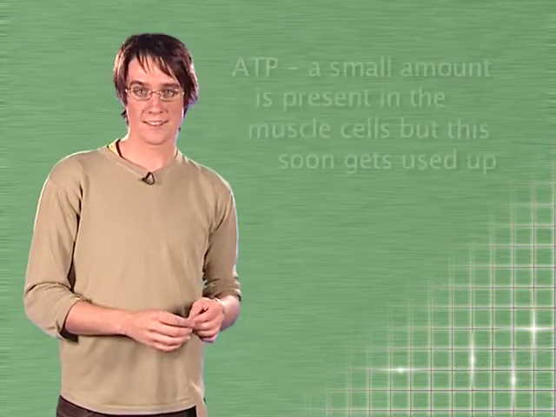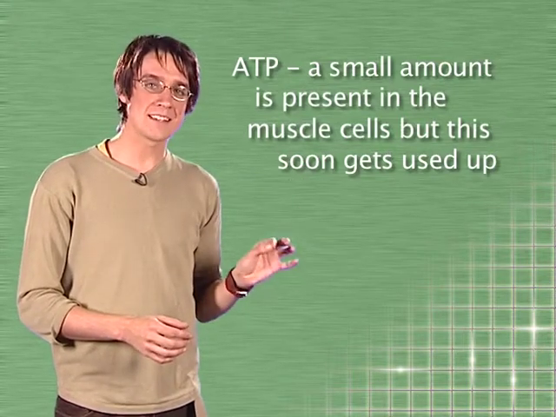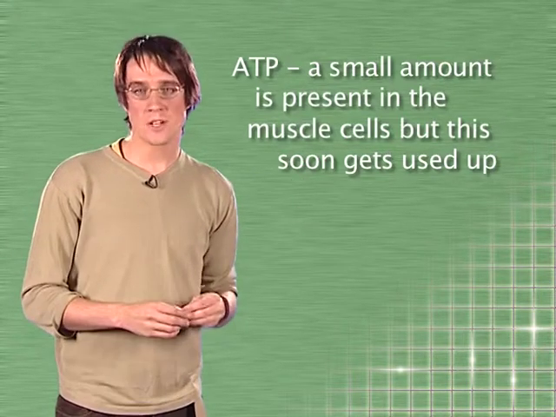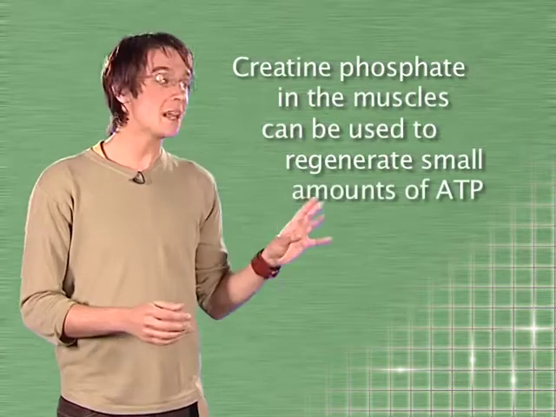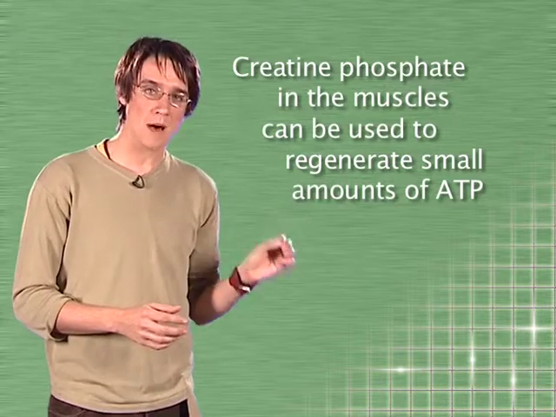Let's look at how muscles get energy for contraction during this exercise. There are several sources of energy available to muscle cells. ATP: a small amount is present in the muscle cells, but this soon gets used up. Creatine phosphate in the muscles can be used to regenerate small amounts of ATP.